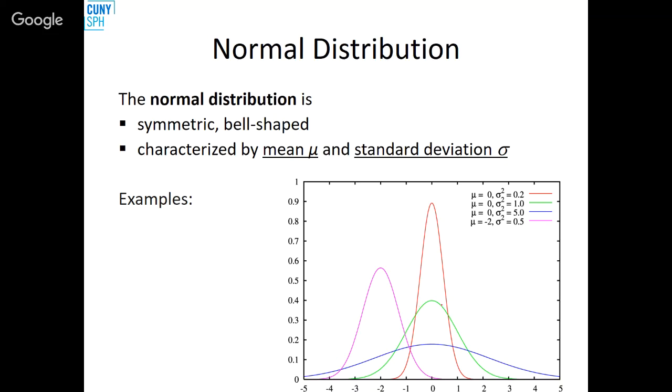So you increase sigma, you increase the width of it, and lower the height. And then we have another one with a mean of 0 and a sigma squared or variance of 5. That's the very wide, very low hill.